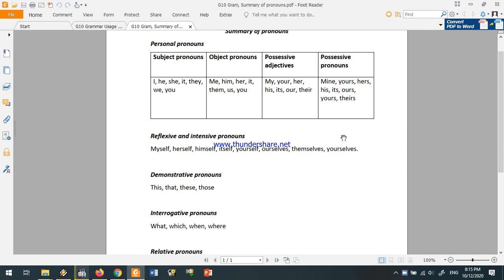These is used for objects or ideas that are near in time or distance, and those is used for ideas or objects that are far in time or distance.